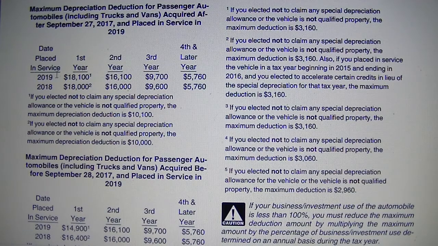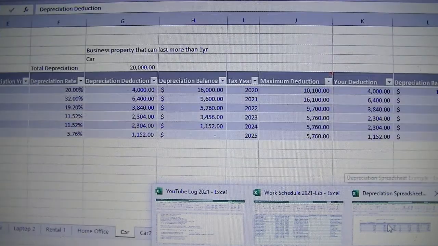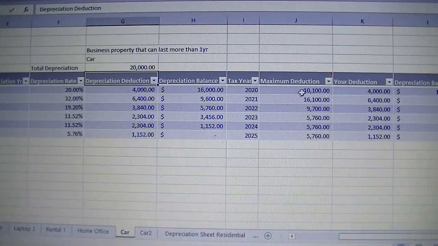So for 2019, 10,100 is going to be for year 1. For year 2, we'll keep it the same. Year 3, we'll keep it the same, 9,700, and year 4 and later, 5,700. So we'll go back to our spreadsheet and we'll copy those numbers and enter them in the spreadsheet for all the years, starting with 10,100 for year 1, because we are not claiming special depreciation on it.